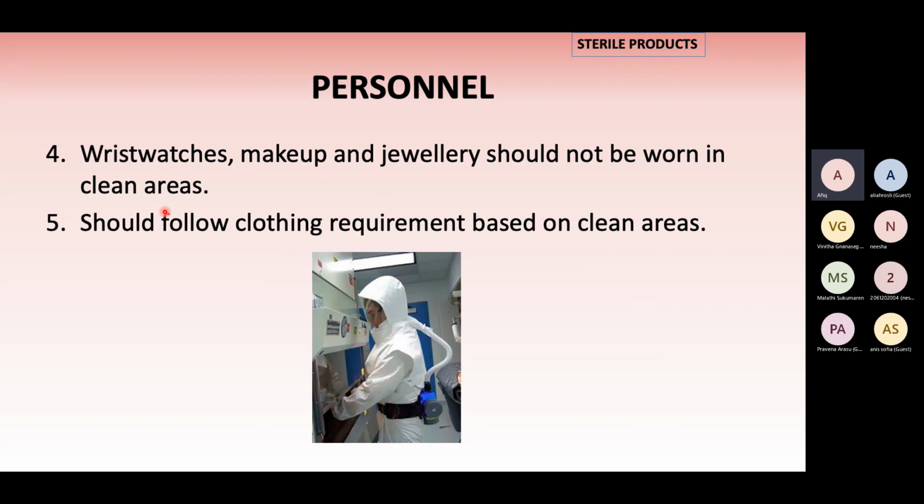In fact, jewelry is prohibited even in normal production areas because there are a lot of moving machines. If you wear a ring, for example, and it accidentally comes off your finger, it might get stuck in one of the machines, and this can lead to problems.